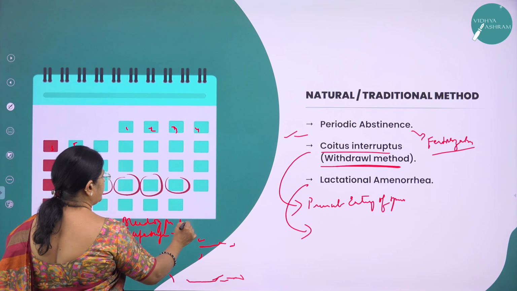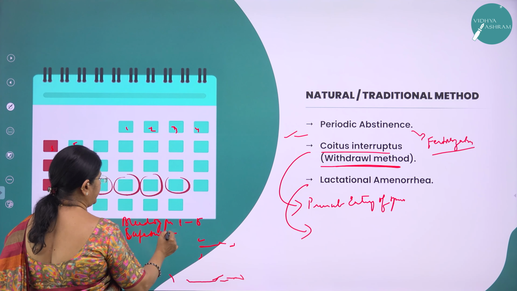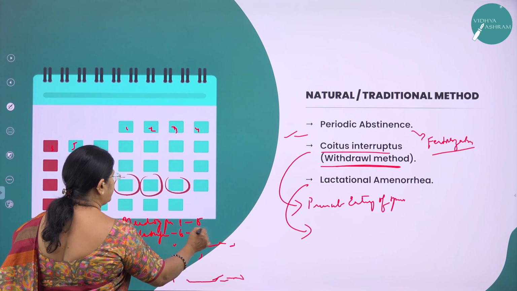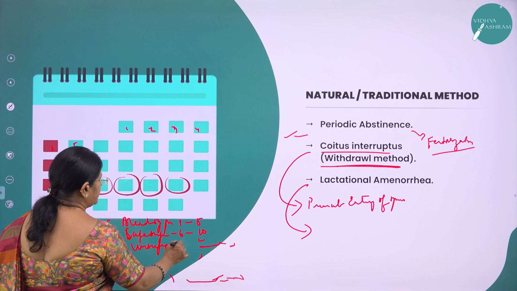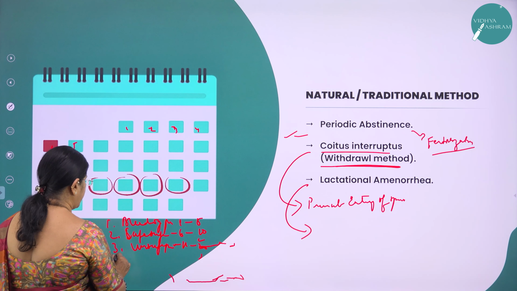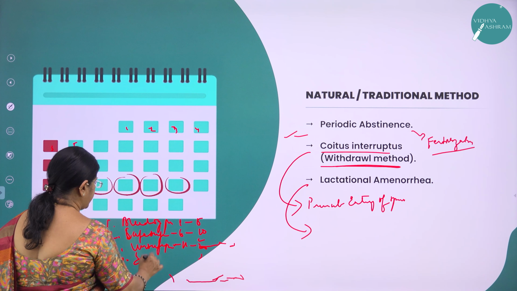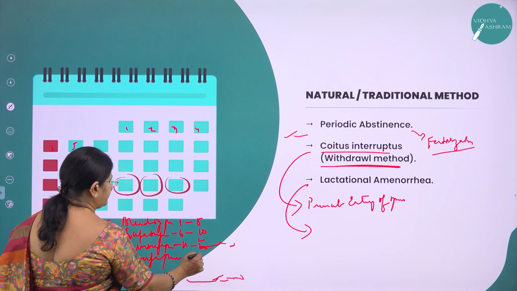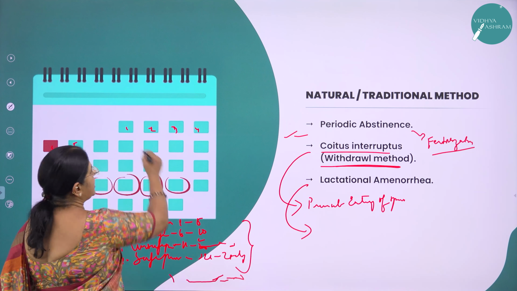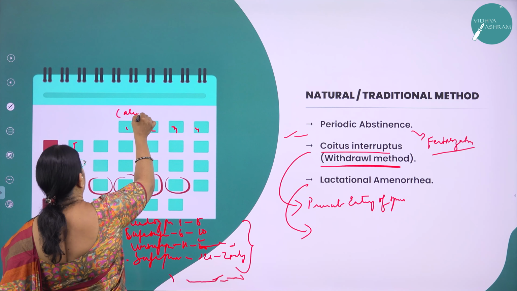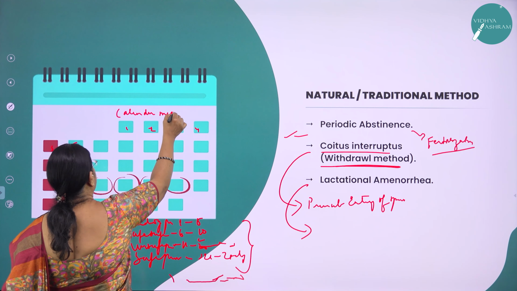Bleeding period is from 1 to 5, the safe period is from 6 to 10, and the unsafe period is from 11 to 20th. Then the fourth, again the safe period, is from 21 to 28 days. So this is called the calendar method. Here you can see this is called the calendar method.